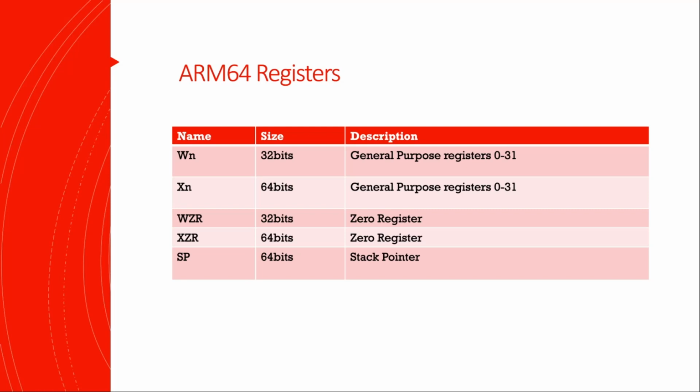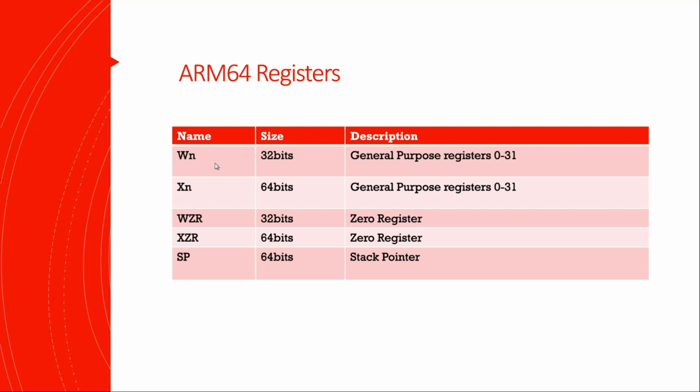At hardware level, these are not two different registers, but one single 64-bit register divided into two parts. If we want to access 32 bits of the register, then the lower half of the 64-bit register will be used, otherwise the full 64-bit register will be used.